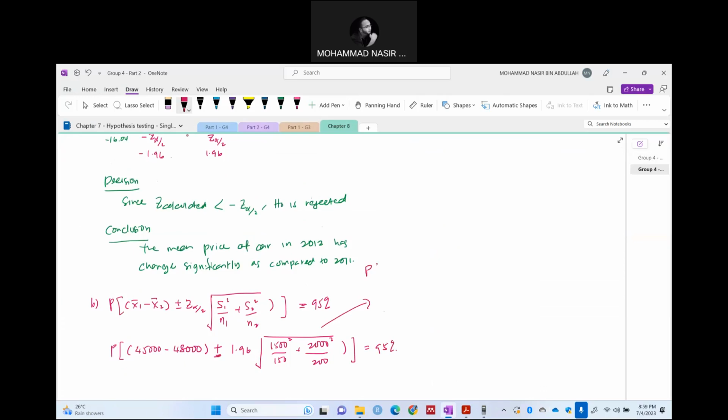It should look like this: x bar 1 minus x bar 2 minus Z alpha divided by 2 times the square root of s1 squared over n1 plus s2 squared over n2. So this is the full formula, and I compressed it into the short one.